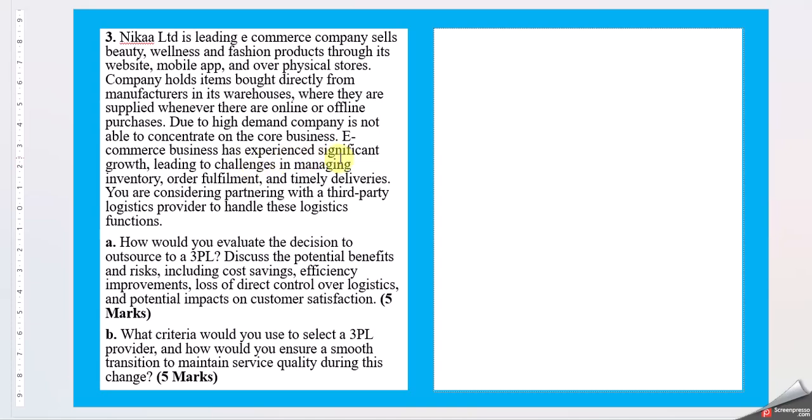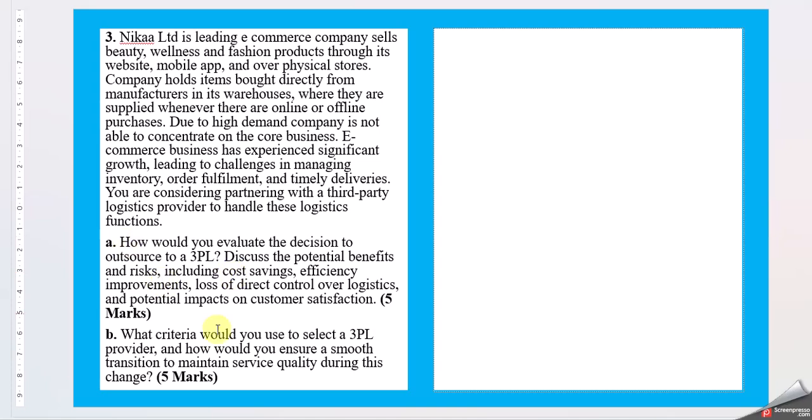E-commerce businesses have experienced significant growth, leading to challenges in managing inventory, order fulfillment, and timely deliveries. You are considering partnering with a third-party logistics provider to handle these logistics functions. How would you evaluate the decision to outsource logistics to a third party? Discuss the potential benefits and risks, including cost saving, efficiency improvement, loss of direct control over logistics, and potential impact on customer satisfaction.